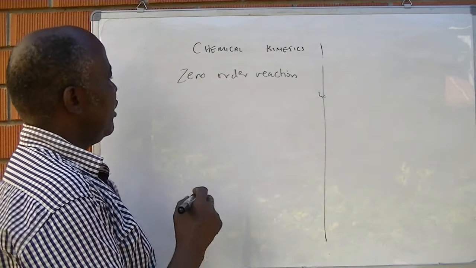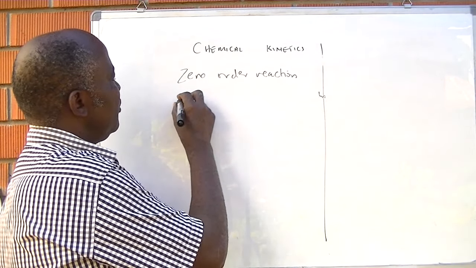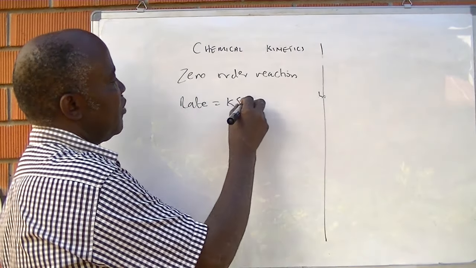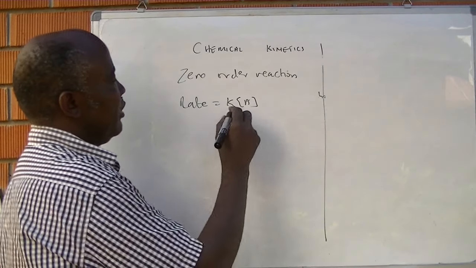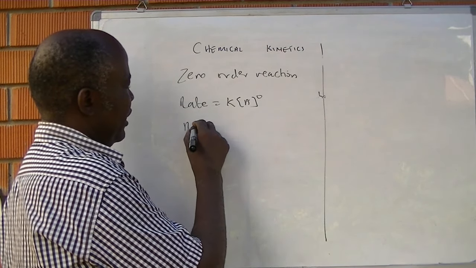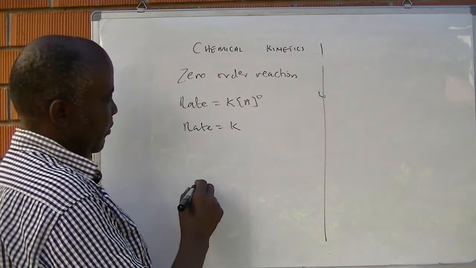Zero order reaction. For a zero order reaction, the rate law is rate equals k into concentration of A to the power 0, or rate equals k.